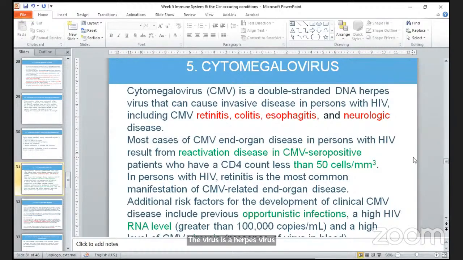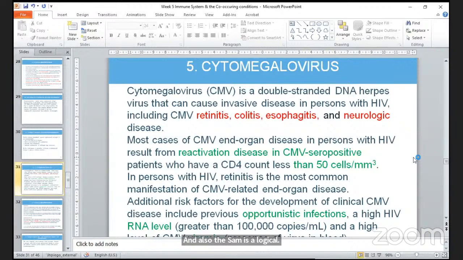So it is in the same group as herpes simplex virus, which is sexually transmitted, but this one is specifically the cytomegalovirus type. It affects organs, for example the eyes, the colon, the esophagus, and also some neurological organs.